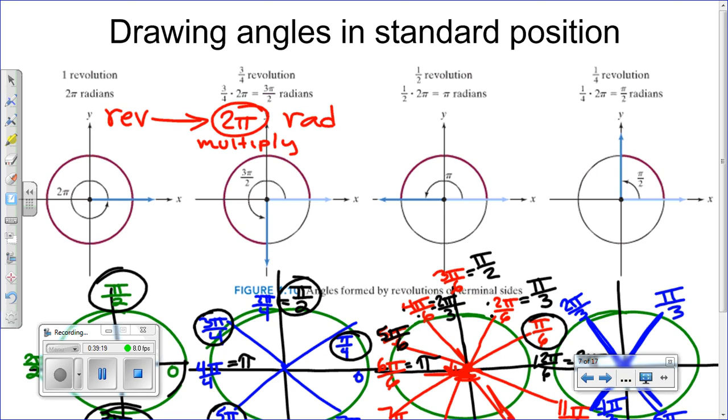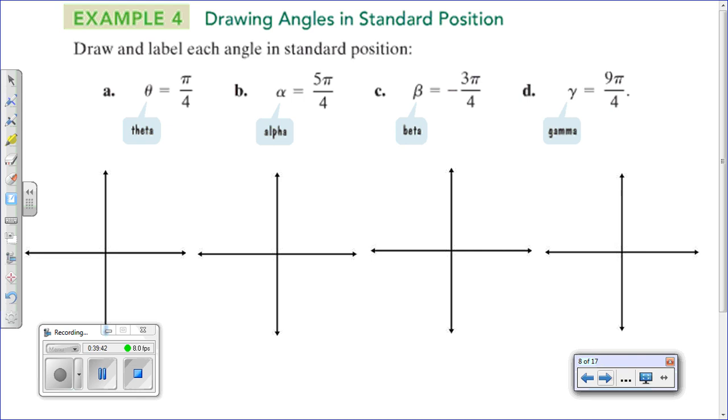Now, if we want a revolution converted to degrees, what should we multiply it by? Not 2 pi, but what is equivalent to 2 pi in degrees? 90. No, 360, a whole circle. Come on, guys. I don't want to send you back to elementary. A whole circle has 360.